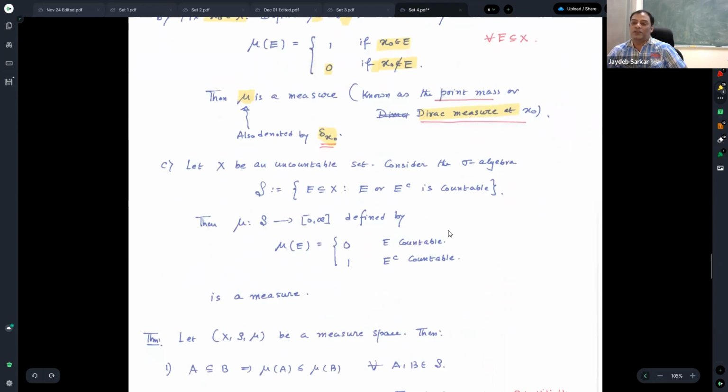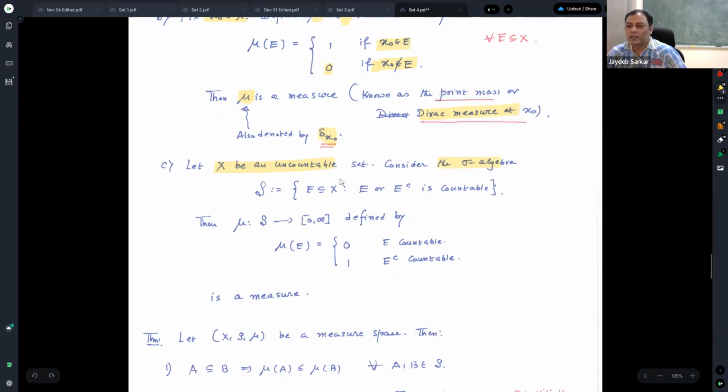And the third example is also good, slightly different from the previous two. Suppose you have an uncountable set X, and consider the sigma algebra, it's different, not P of X. We talked about this, and I think there was a mistake when I said this the first time.